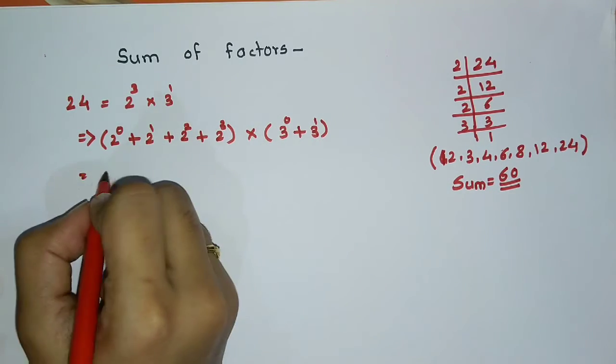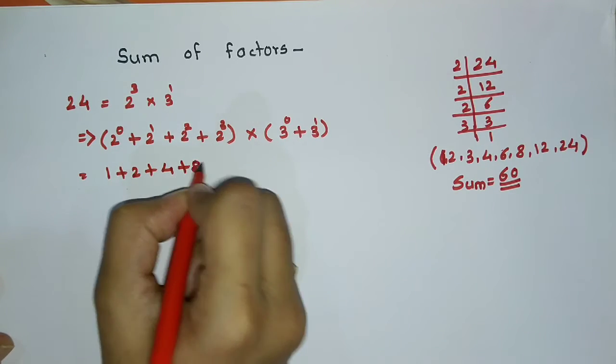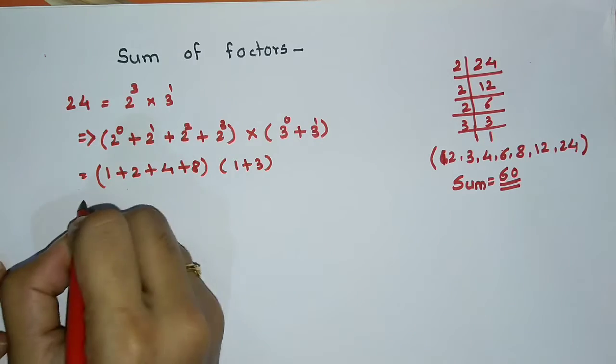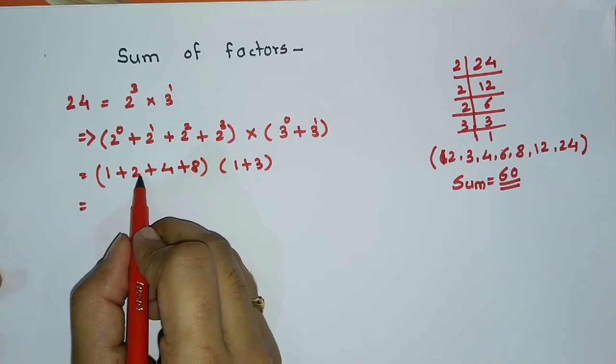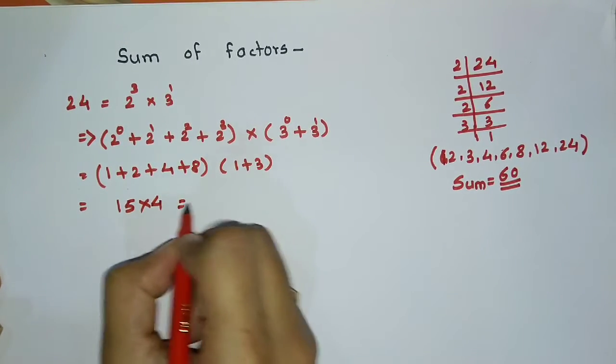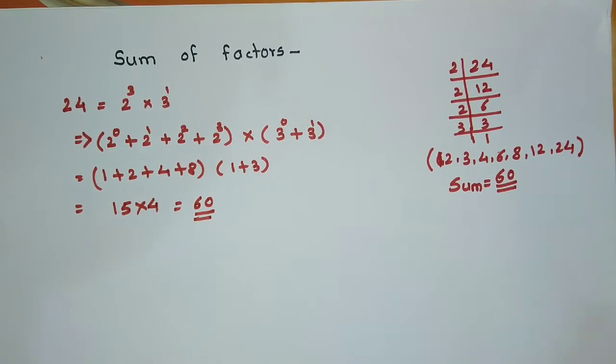Now, 2 raised to 0 is 1 plus 2 plus 4 plus 8 into 1 plus 3, which is nothing but 15 into 4, this is 60. Okay, we have already cross-checked it.